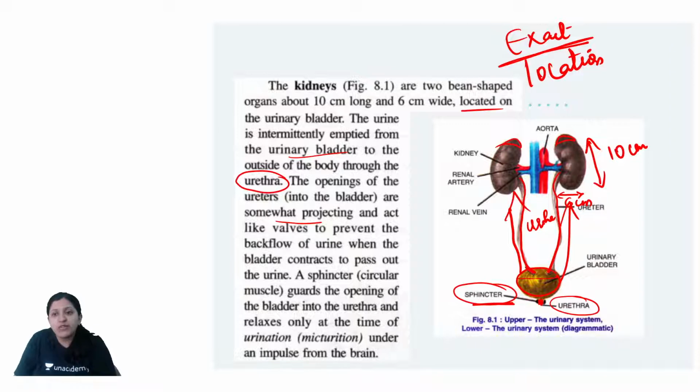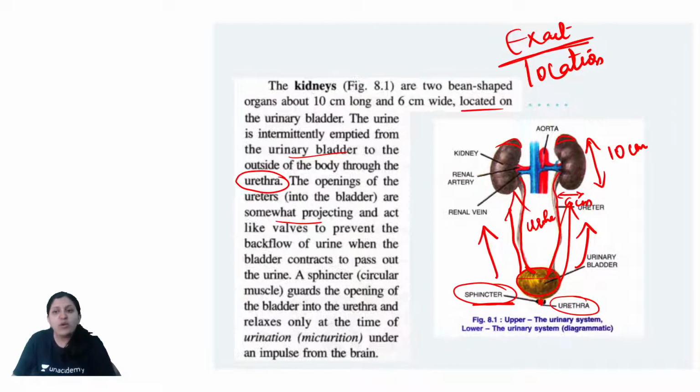Why is this projecting? Whenever the urinary bladder contracts, when one has to pass urine, the bladder muscles contract. When the contraction occurs, there is a chance that the urine can backflow into the ureter itself.